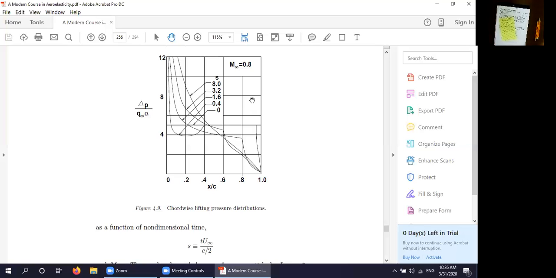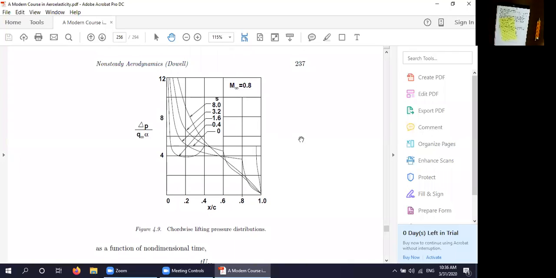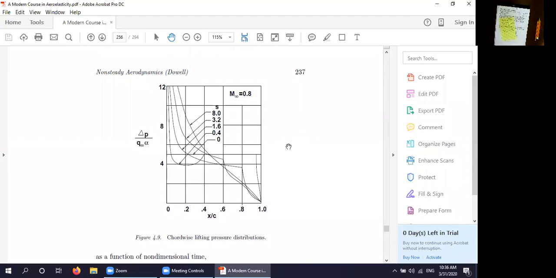The other thing you should know about subsonic flow is that it's an empirical theory. Aerodynamicists don't like to hear me say that, but it's true. I said all these pressures go to 0 at the trailing edge. Does that come out of the theory?